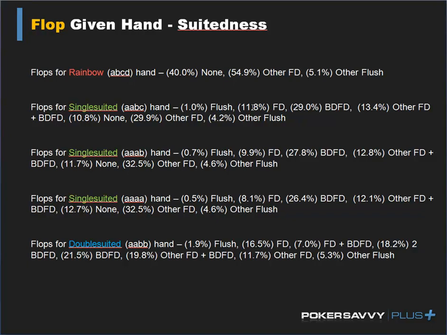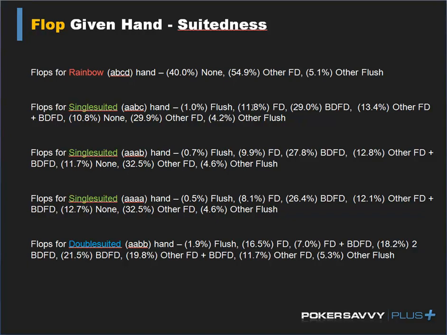And a little extra tip, again, this data isn't in the video, but if you have the strongest connected hands, they flop a straight about 5% of the time, and a wrap about 18% of the time for the Jack, 10, 9, 8 type hands, and then the next tier down between 10 and 15% for single gappers and so on. So there's a lot more discussion that can happen about different relative hand strengths.